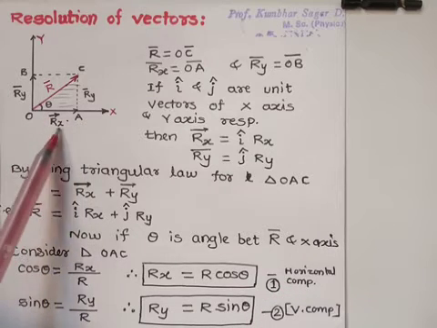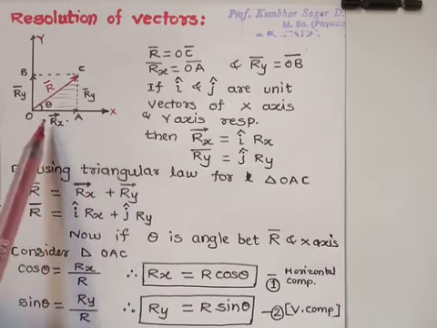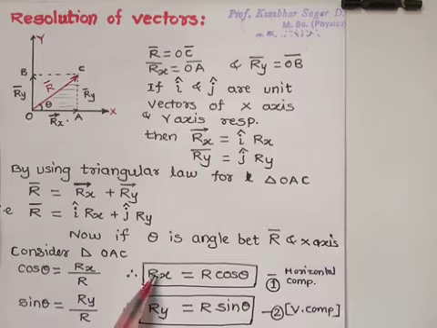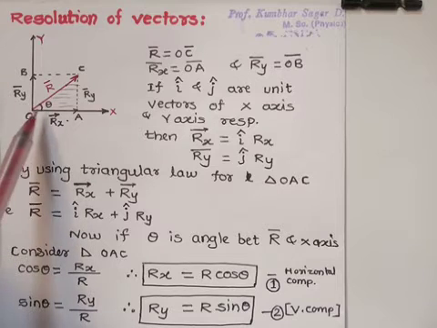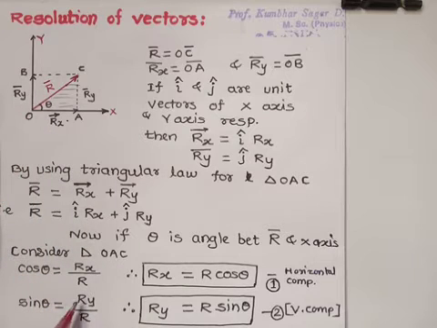Means Rx bar is the horizontal component of R bar along the x-axis and its magnitude is Rx equals R cos theta. Similarly, the same triangle gives another trigonometric relation. Sin theta is equal to Ry upon R, means sin theta equals opposite side upon hypotenuse. Hence sin theta equals Ry upon R, so Ry is equal to R sin theta.